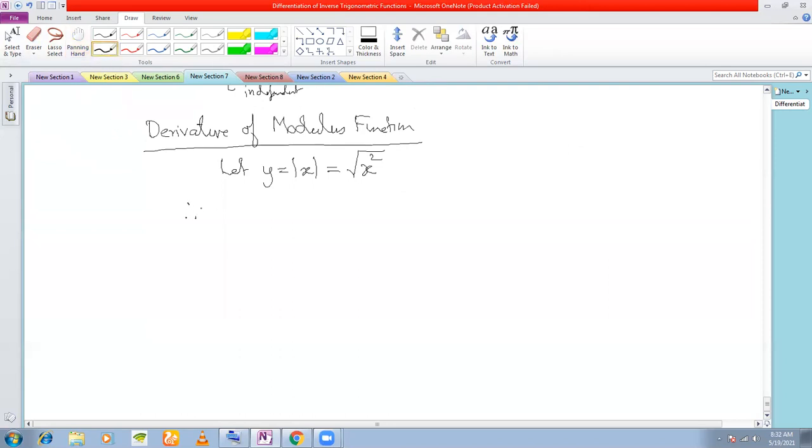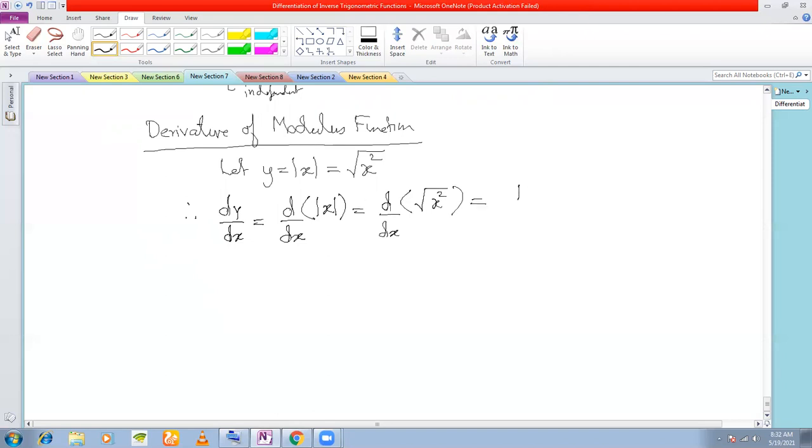So therefore, dy/dx will be equal to d/dx of mod x, which is the same as d/dx of square root x square.